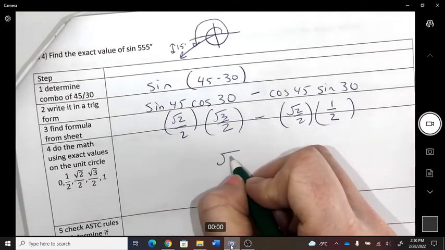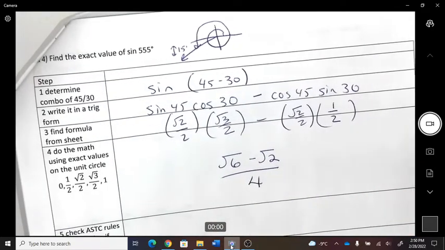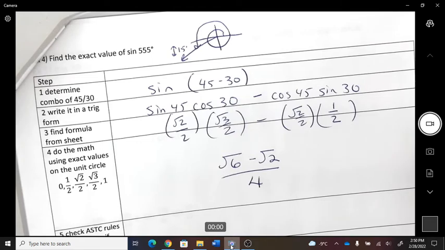So I'm getting root 6 minus root 2 over 4. They all seem to have lots of root 6s and 2s and 4s. That's in common usually.